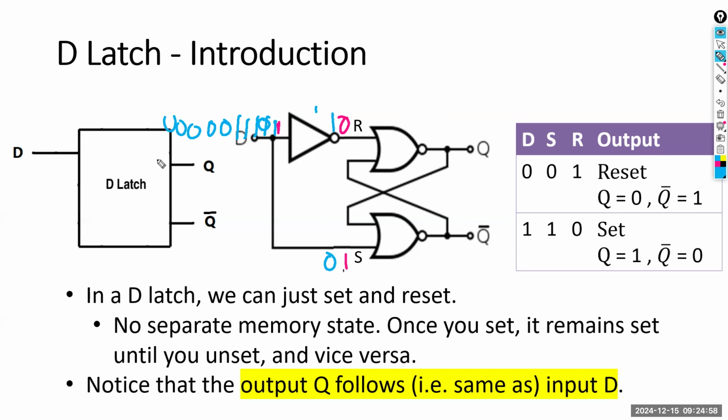So there's only two operations now: set it, reset it. Once you set it, until you reset, it is set. Once you reset, until you set it, it is reset. So that is the idea behind D latch. Okay, that is the idea behind D latch.